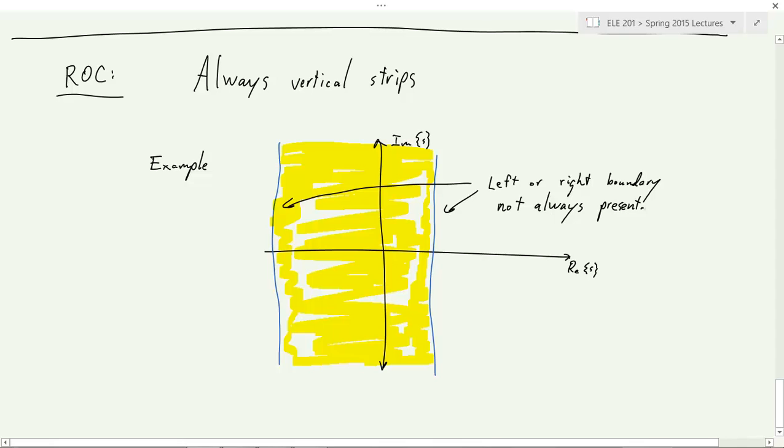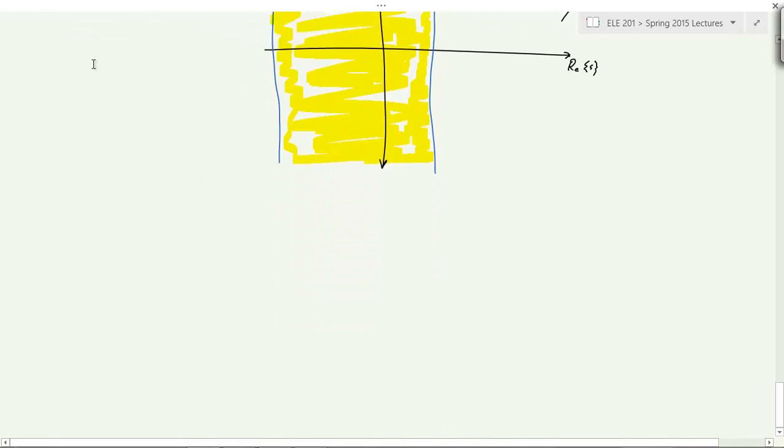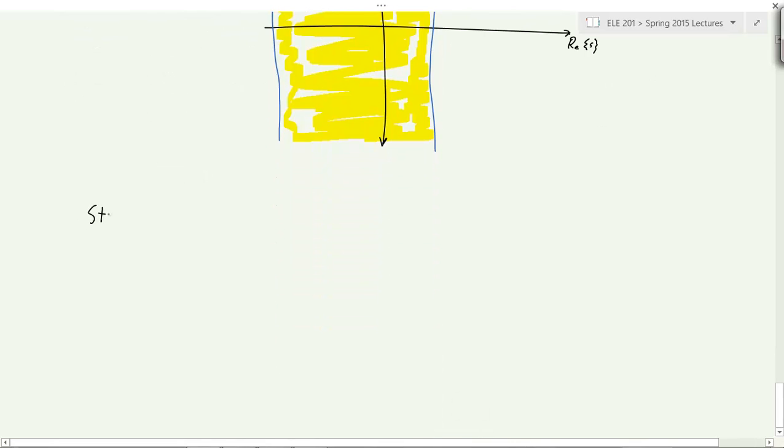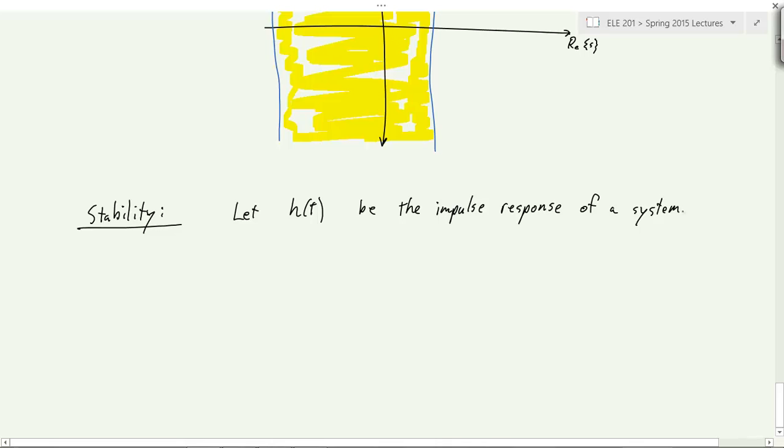Okay. So what about stability of a system? We've talked about stability, and I've mentioned that's one of the key reasons why we're going to do the Laplace transform. So let's talk about it right now. Let h of t be the impulse response of a system. Okay, so we've defined stability before, bounded input, bounded output.